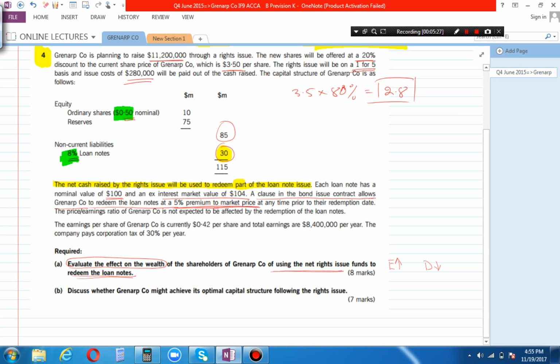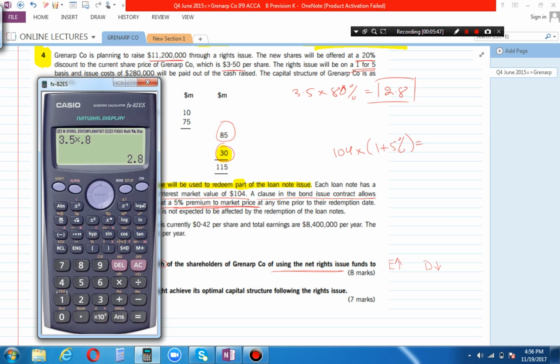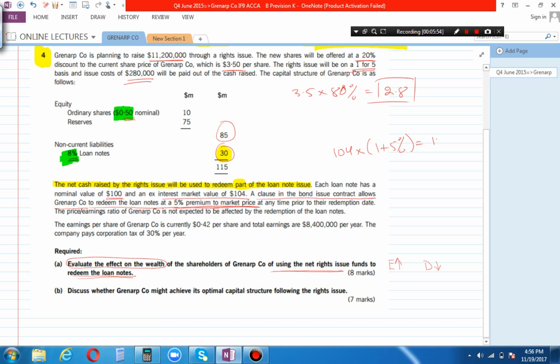So if you want to redeem your loan notes, it would be 5% more than the market value of 104. So 104 multiplied by 1.05 is 109.2. So at this value you can buy back, or redeem, your loan notes.